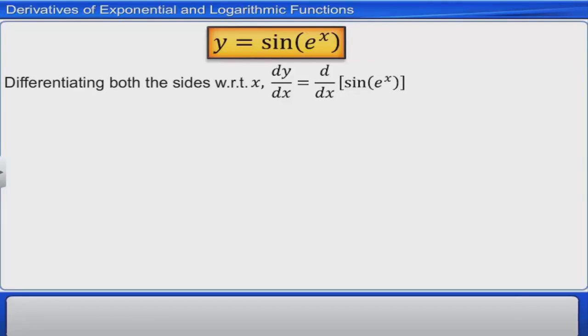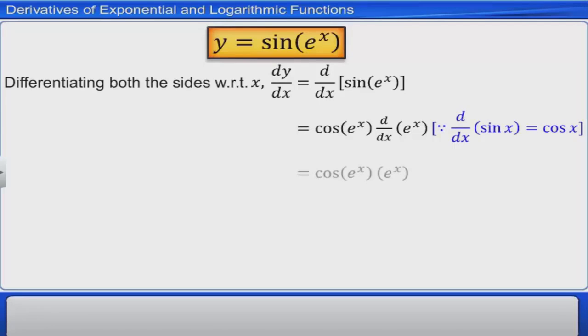By applying the chain rule, the derivative of sine of e raised to the power x with respect to x is equal to cos of e raised to the power x into d by dx of e raised to the power x. The derivative of e raised to the power x with respect to x is e raised to the power x. Therefore, dy by dx is equal to e raised to the power x into cos of e raised to the power x.